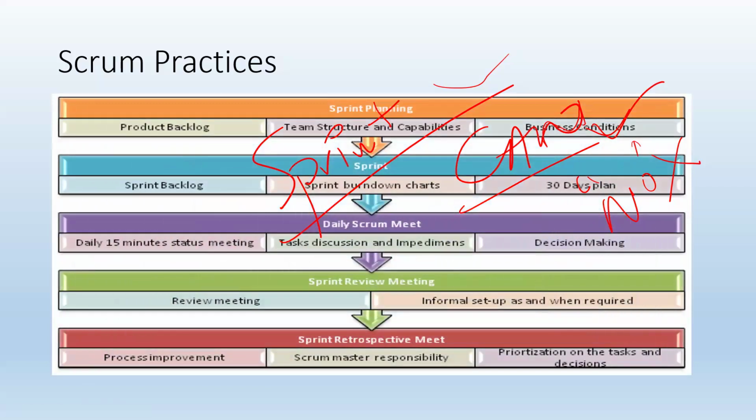There are things that happen in a sprint. Let me take this up. In the agile methodology, in Scrum practices, we have what we call the sprint planning.